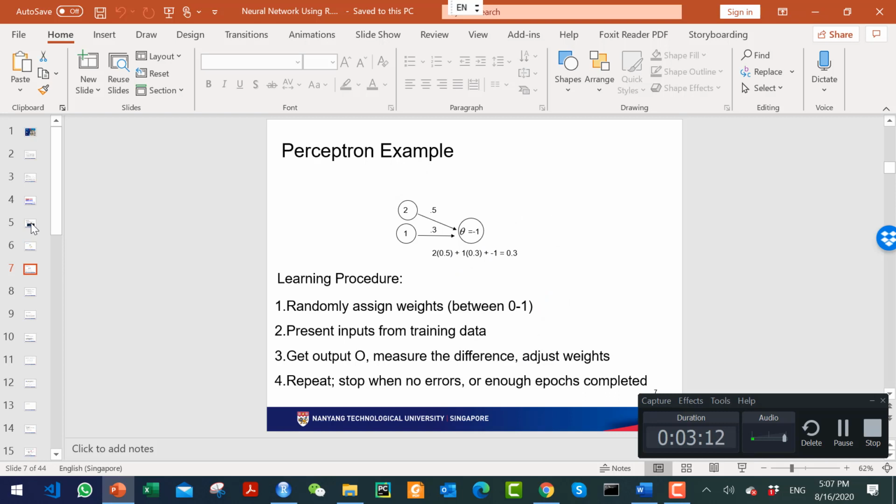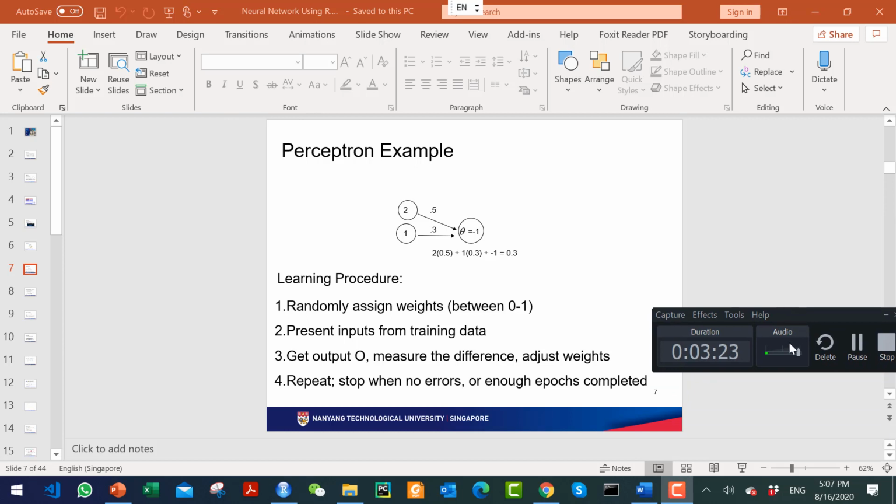So, a perceptron example. Say your inputs are 2 and 1, and the weights are 0.5 and 0.3. Then you have a bias of -1.